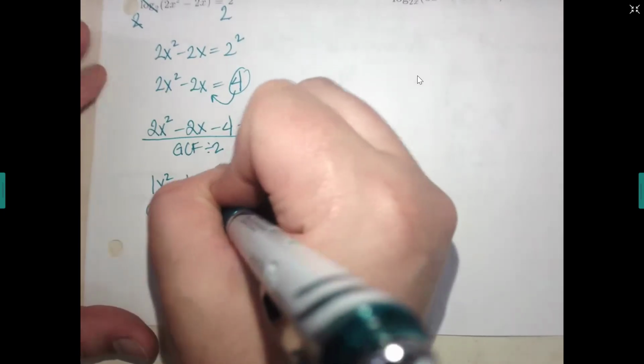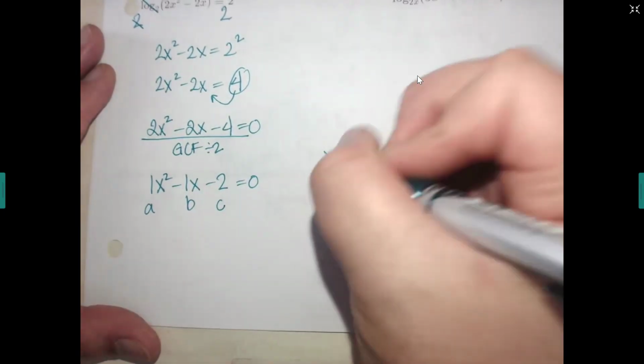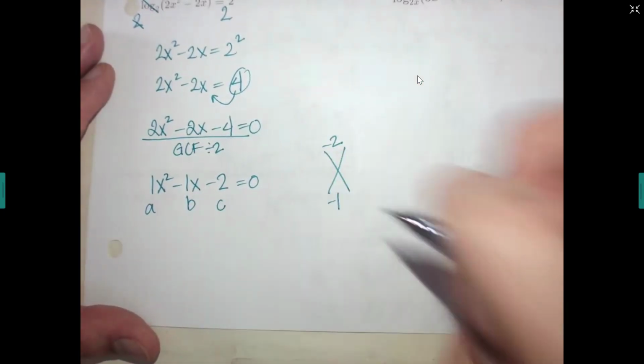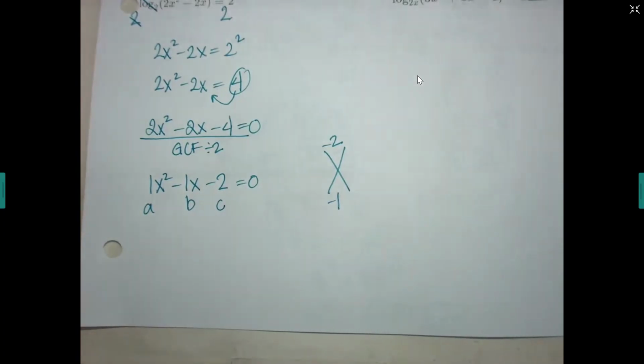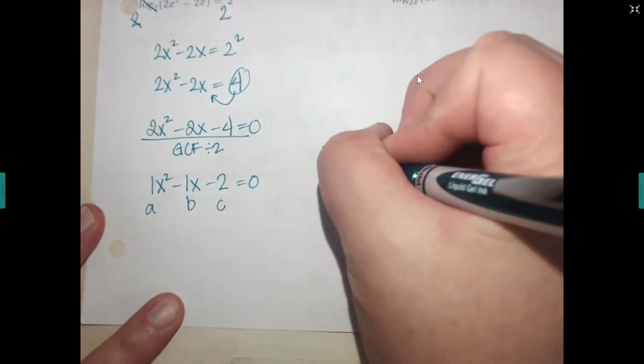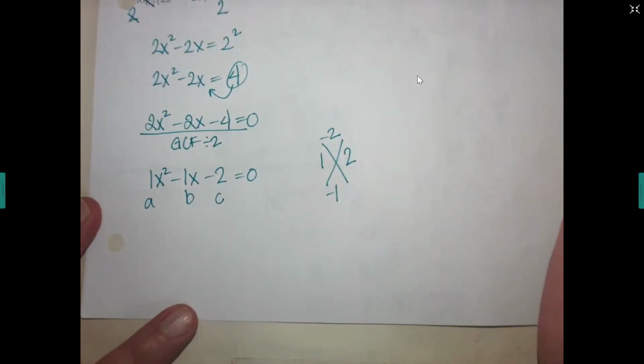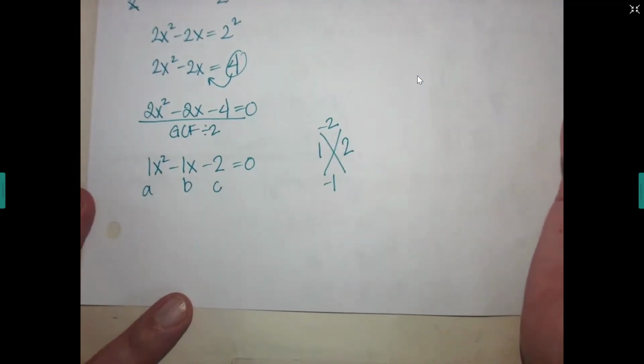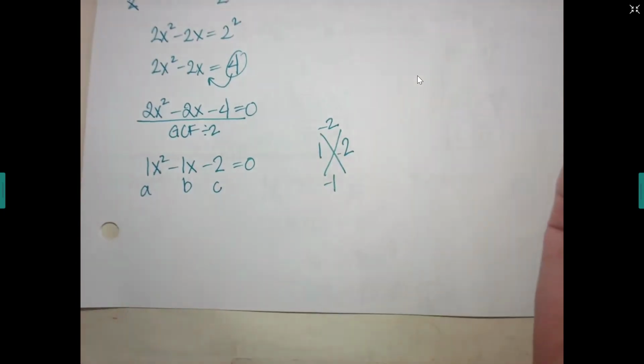And then label your ABC, set up your chart. So I need numbers that will multiply to 2 and subtract to 1. The only way to times to 2 is 1 times 2, but where should I put the negative? Because I'm trying to keep a -1 in the basement. On which one? 2. Because you want the bigger one to be negative to keep the bottom number negative.